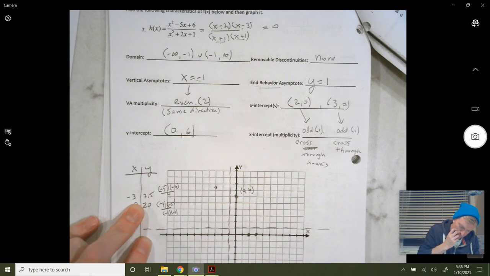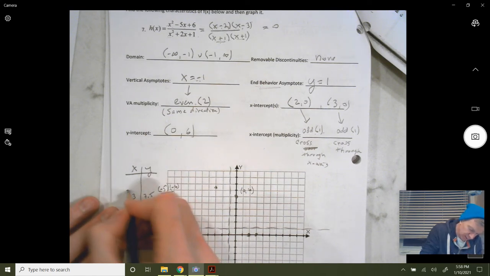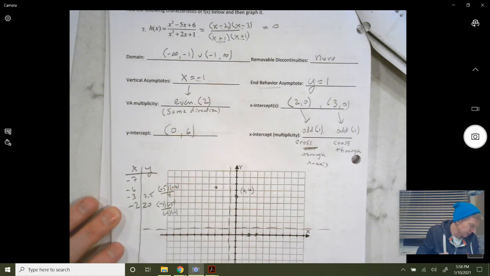I know there are no more x-intercepts. I'm going to test a couple of points over here. Let's do -6 and -7, just so we can get an idea what this looks like.